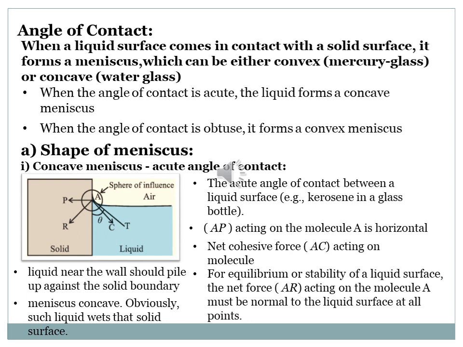They are normal to each other. So for this to happen, all the molecules inside the liquid try to pile up on the wall of the liquid surface, on the solid surface. So they form a concave meniscus. Alright. In the case of a concave meniscus, an acute angle is there and the force of adhesion is greater than the force of cohesion.